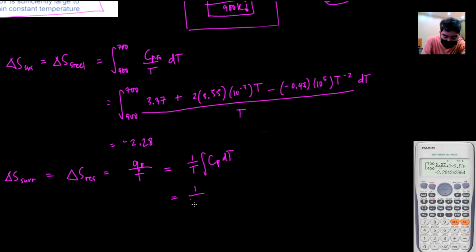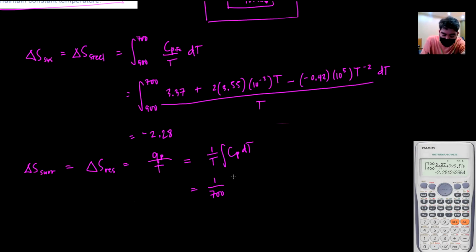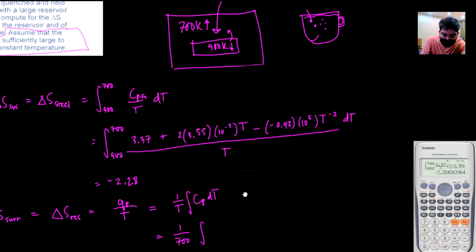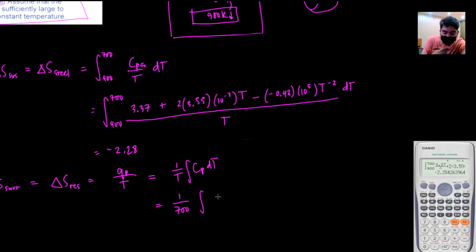This is 1 over 700. No? Kasi sabi, maintain that 700 siya. Multiplied by yung integral from it's QP of the steel, no? That is, kumbaga kung ano yung nire-release ng steel. So that's like saying 700 to 900. Parang ganyan. Actually, negative QP of steel.